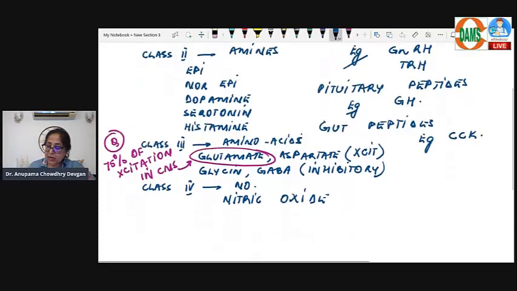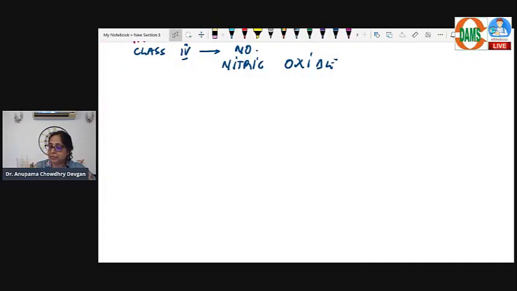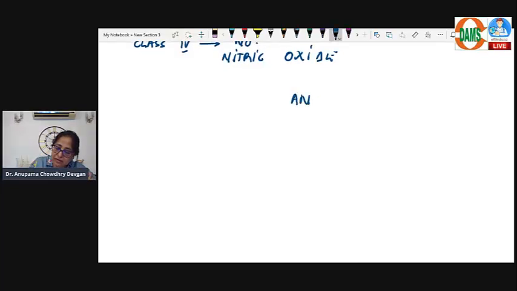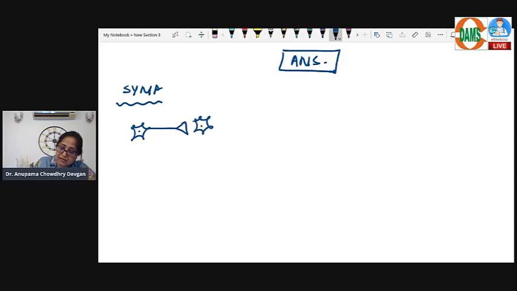All right. Now, if you look at the autonomic nervous system, you've got sympathetic and parasympathetic. In the sympathetic, this is the preganglionic nerve fiber, and this is the postganglionic nerve fiber.